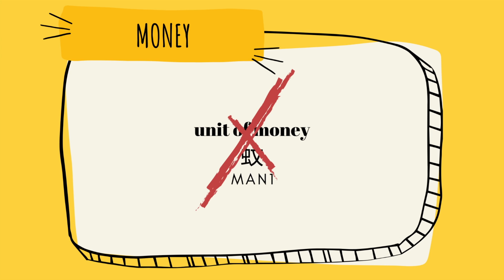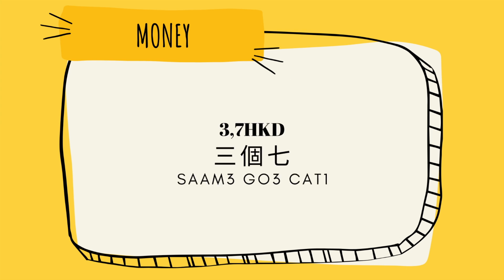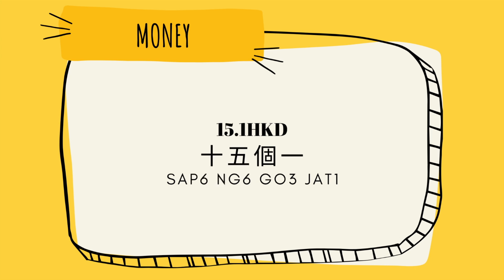When the figure involves both dollars and 10-cent units, 個 is used instead of 蚊 for dollar, and 毫子 could be skipped in the phrase. For example, 3.7 Hong Kong dollars, we can say 三個七. 15.1 Hong Kong dollars, 十五個一.